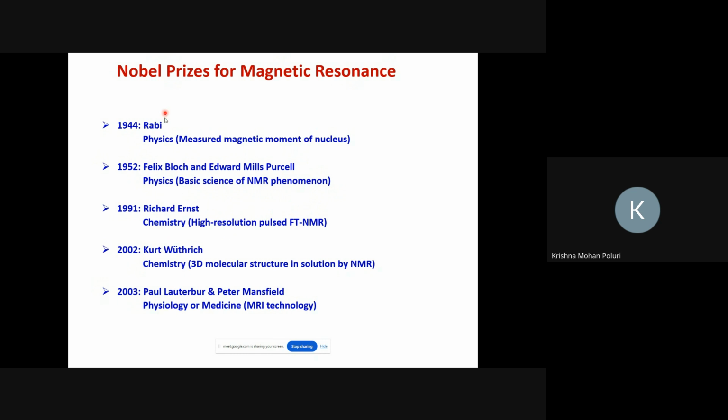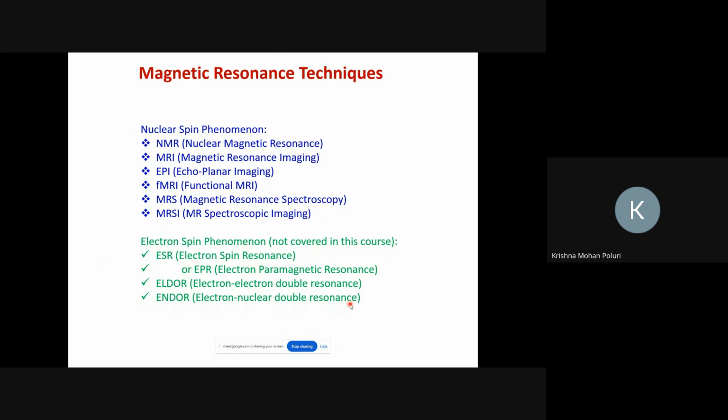Initially it was for the development of magnetic moment measurement, then the development of nuclear magnetic resonance spectroscopy. Then in 2002, it went to the structural elucidation of biomolecules, especially proteins, by NMR spectroscopy. And in 2003, it went to physiology and medicine for the discovery of magnetic resonance imaging technology, which now all the major hospitals clinically have.